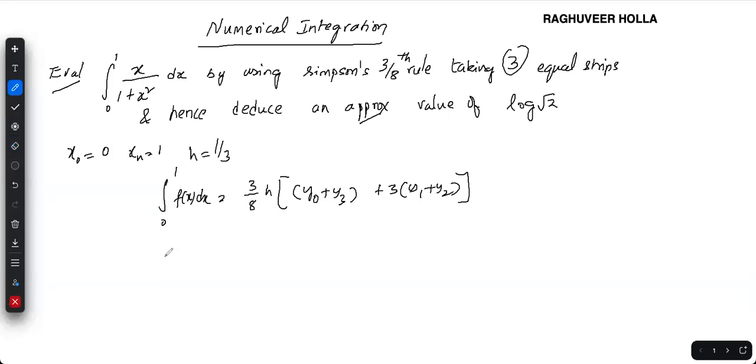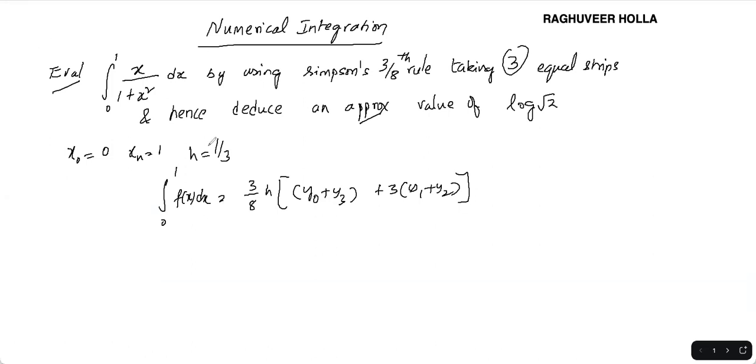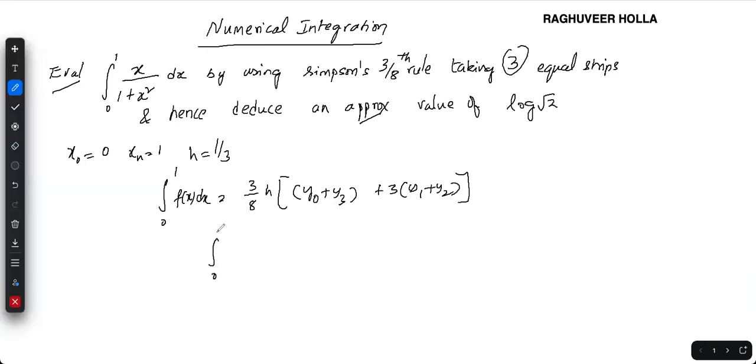By substituting this here, we get 0.348077. So keep this as I, the first equation.